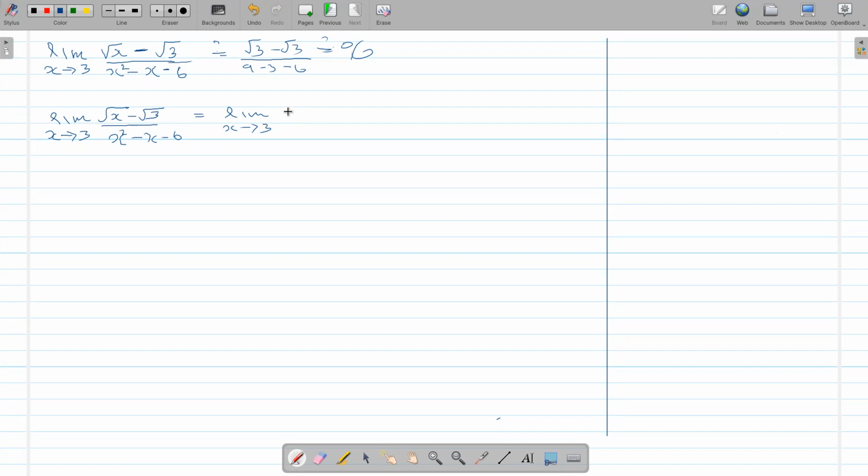When we have this form, here I have square root x minus square root 3, no? And in the denominator I have x squared. I multiply by the opposite sign, top and bottom, numerator and denominator.